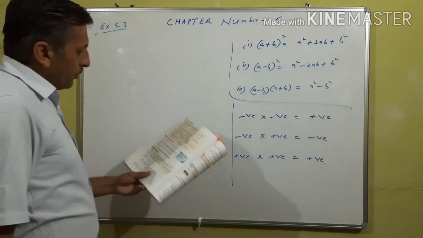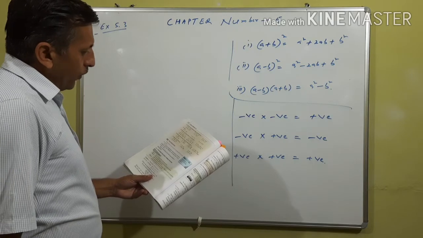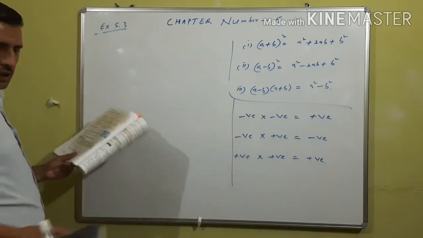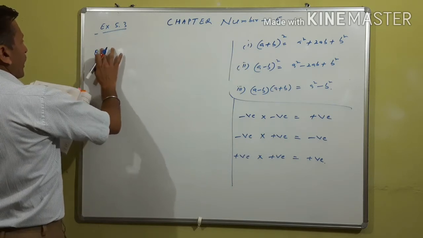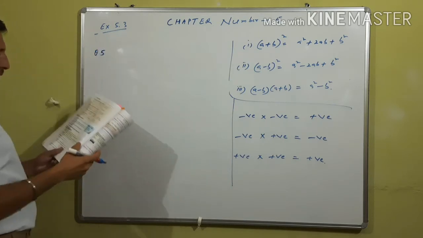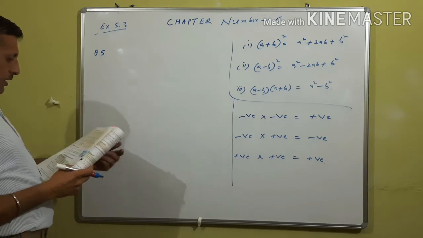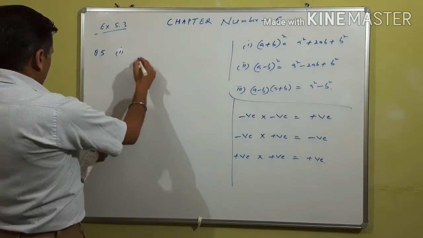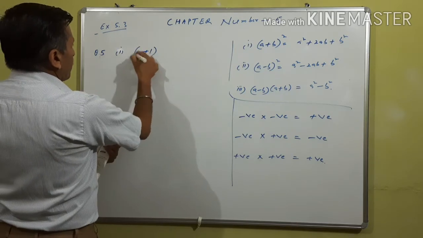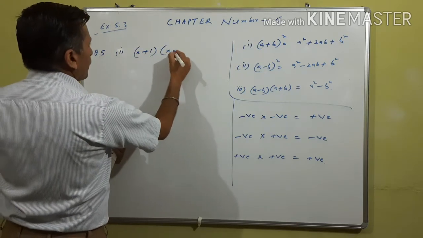Now I am taking one more example. Find the following products by using the identities. Now see question number 5. Now I am going to solve question number 5, and from here I am taking the first part. You have to give (x plus 1) into (x minus 1).